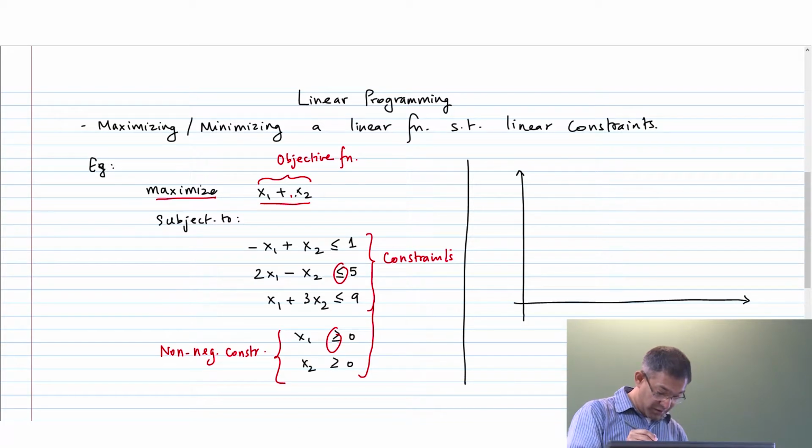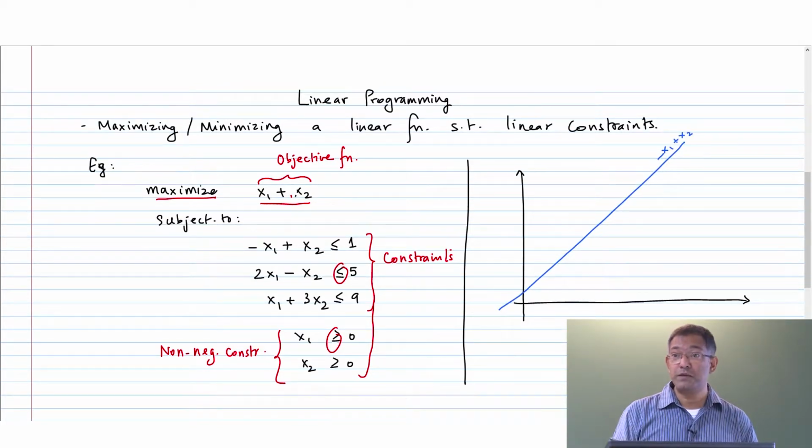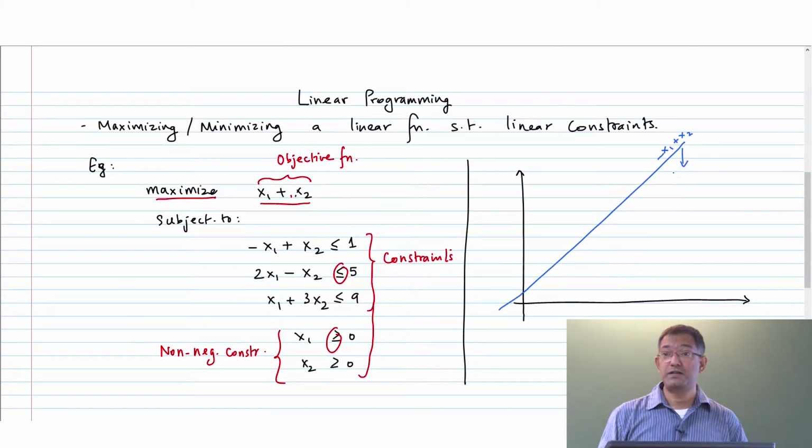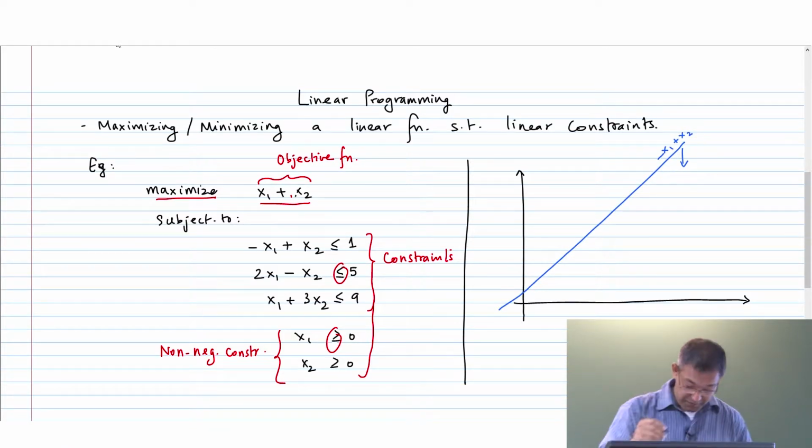Minus x1 plus x2 I guess looks something like that, and all the points with minus x1 plus x2 less than or equal to 1 form that half space. Okay.